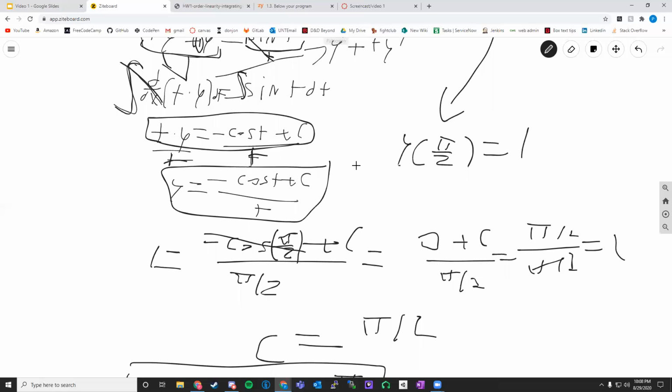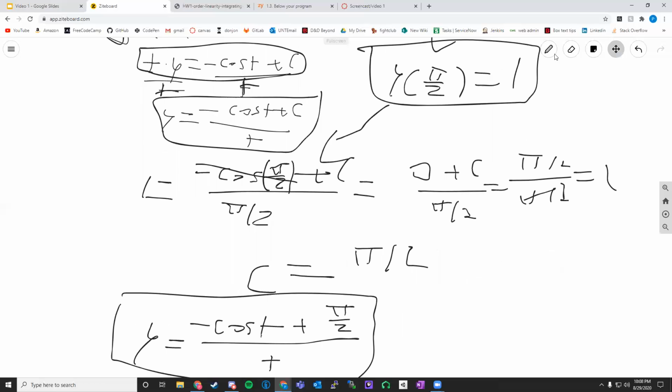General solution, and we get our initial condition from earlier, and using that, we can solve for a specific case. Given this initial condition, y is equal to 1 when t is pi divided by 2, so we have negative cosine of pi divided by 2 plus c, divided by t, which in this case is pi divided by 2.